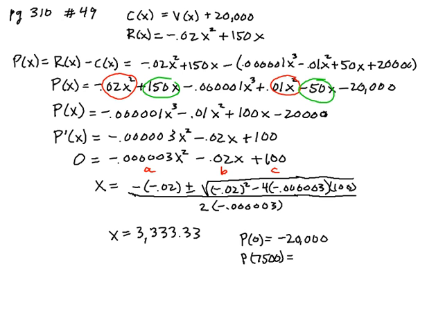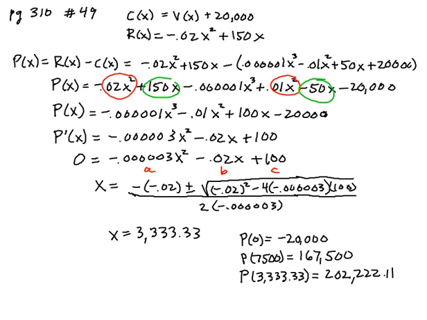And the profit at 7,500 is 167,500. That sounds good. But there's another possibility for the absolute extreme value at 3,333.33, and that is 202,222.11.